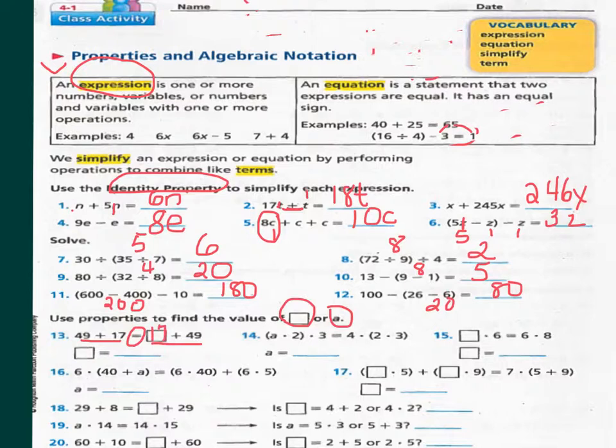Now, this is my balancing point. And remember how we learned about the properties that it doesn't matter where we put them, especially with multiplication. If this is A times 2 times 3 equals 4 times 2 times 3, what does A have to be? That's right, 4. Let's look at this one.